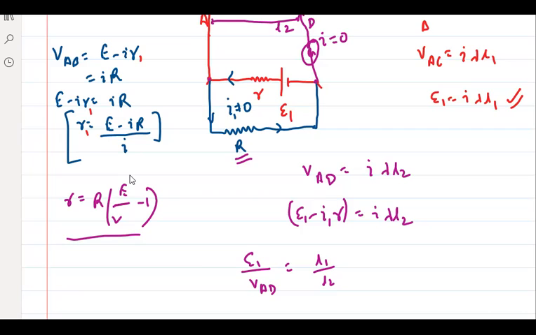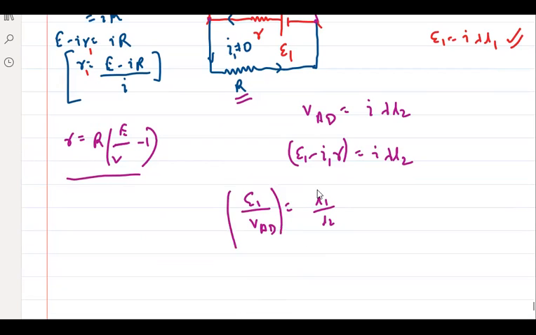Now tell me, what is E by V? E by V is L1 by L2. You don't have to think about this, just write it as V_AD. So the internal resistance r I can calculate as capital R into (L1 by L2 minus 1).